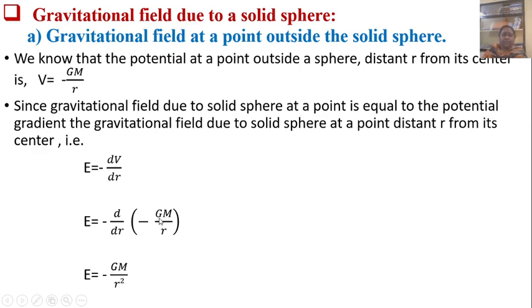Now here G is a constant, so taking out, and differentiation of M upon r is here. M is also constant, so differentiation of d/dr of 1 upon r is equal to minus 1 upon r square. So E equal to minus GM upon r square.